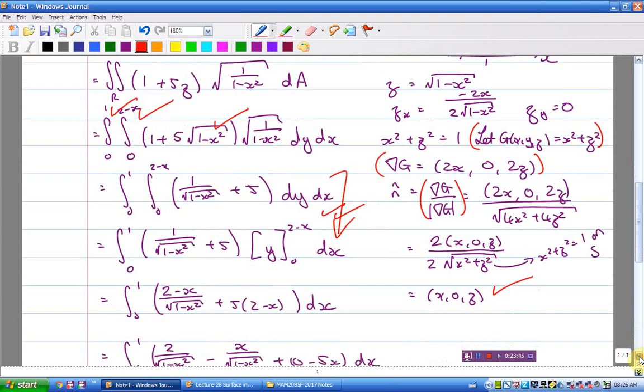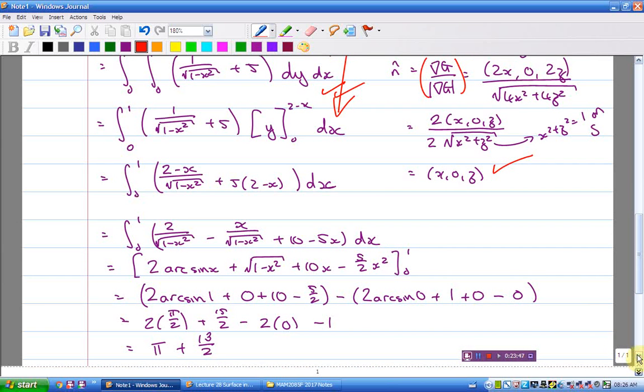Okay, let me go down to the bottom, and there's some of you still copying down. Extremely likely that you'll get a question like that in class test 2. Slightly less likely that you'll get a question like that in the exam, because by the time we get to the exam, you'll have done more stuff, and there's bound to be a flux question in the exam.